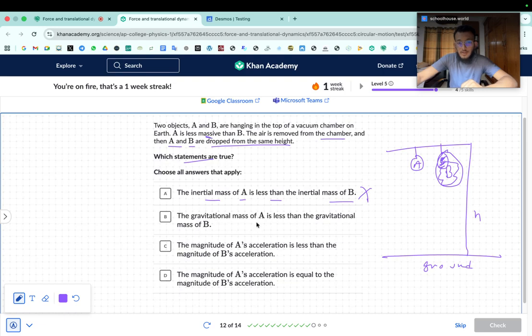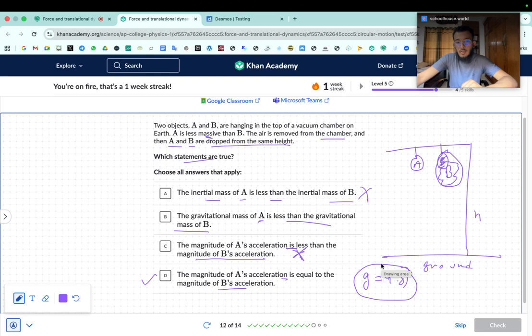The magnitude of A's acceleration is less than the magnitude of B's? No. Because it's a vacuum, the acceleration would be the same, which is the acceleration of the Earth, g equals 9.81. So the magnitude of A's acceleration equals B's, yes, this will be true, because both of them would only experience the gravitational acceleration.